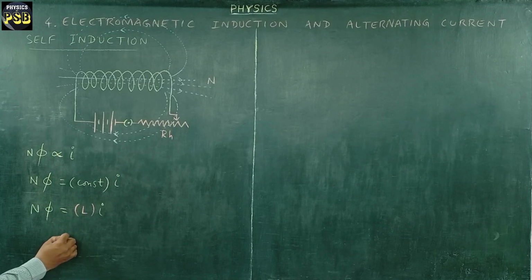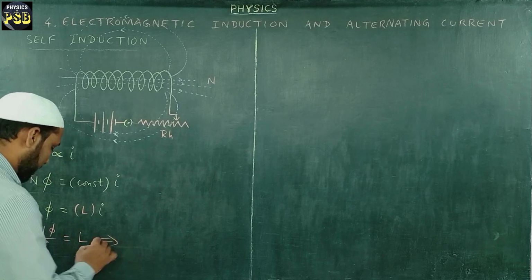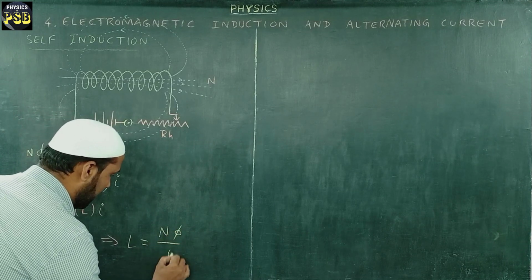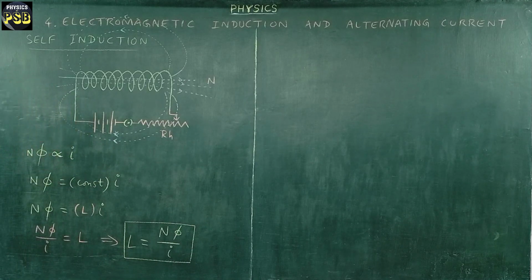Now from this, the L value can be obtained by cross multiplication. Bring I this side, it will divide. I rearrange this: L is equal to N phi upon I. This is the expression of self-inductance of the given coil. Now suppose the current passing through the coil is equal to 1 ampere.